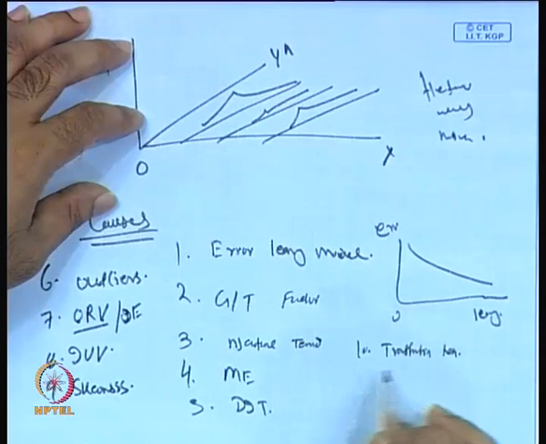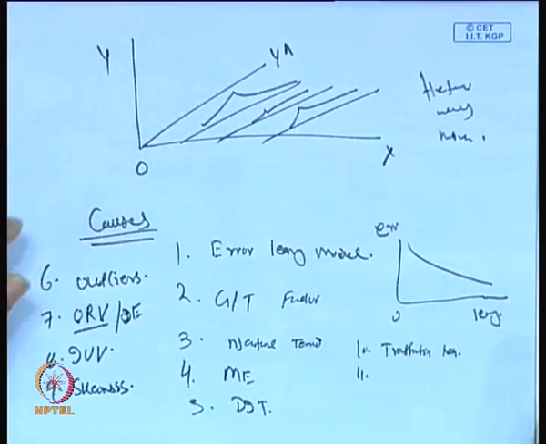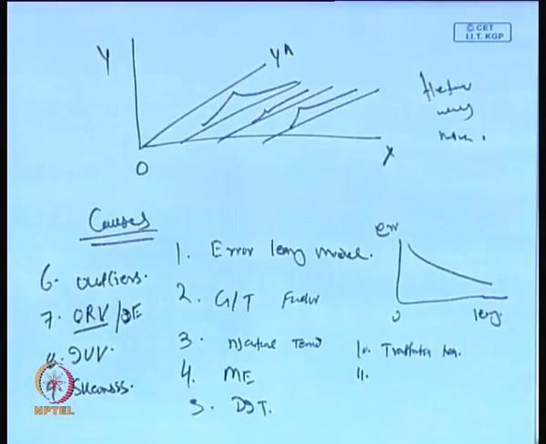Similarly, another point is, from the very beginning itself, a wrong functional form. That is also another factor which adds to the autocorrelation problem too. If you go for a wrong functional form, say linear model to non-linear, or non-linear model to linear, and you go for solving the particular problem, then obviously it will add to the heteroscedasticity problem.